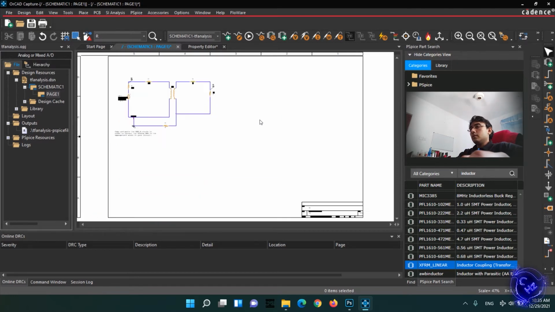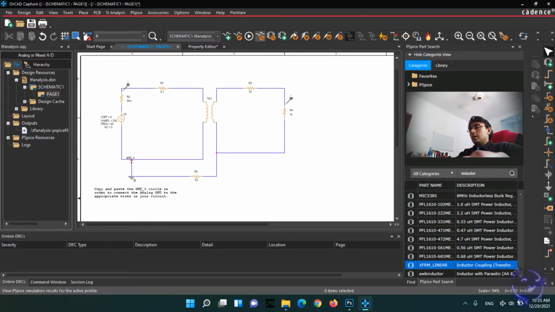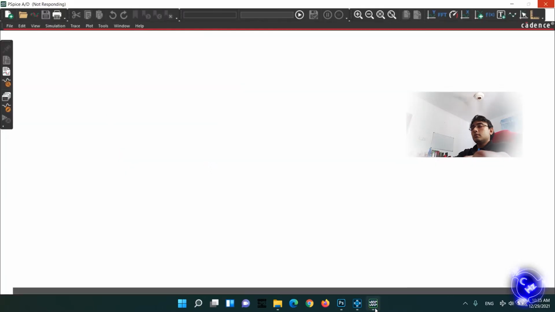When I measure the voltage values here and here, it should give me exactly 1 to 10, because this is the ideal part of the transformer, right?